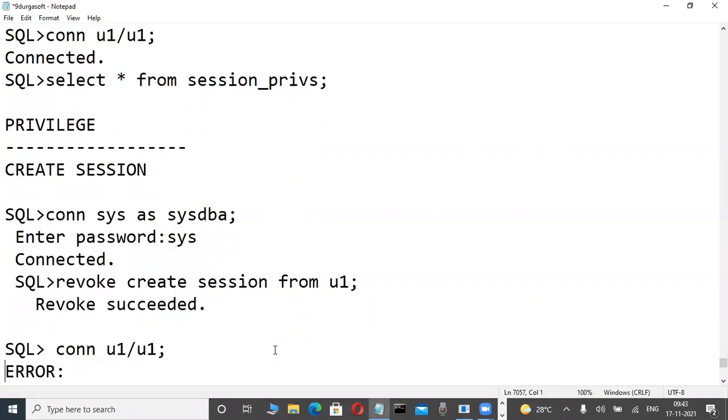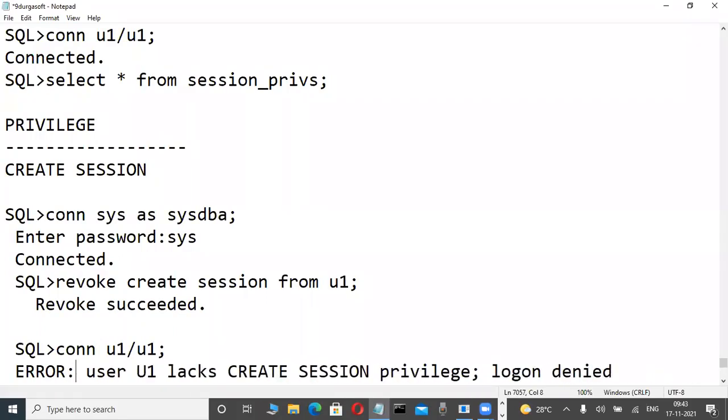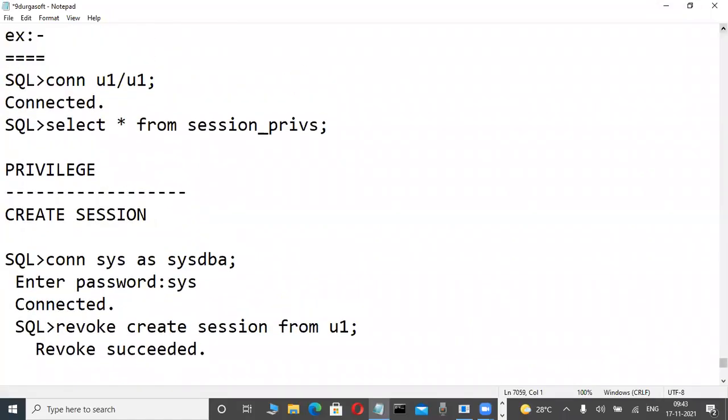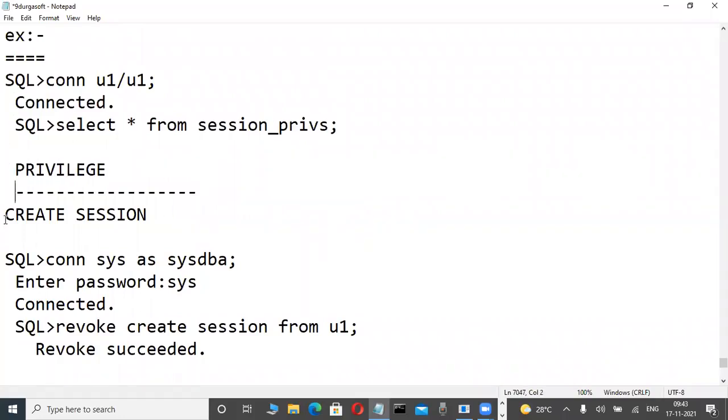Privileges are required for system user objects too. They only work when permissions are given. Without permissions, it is impossible.